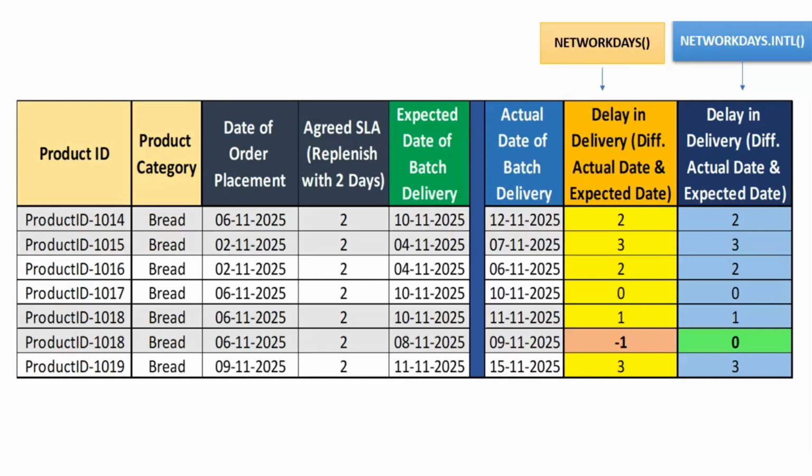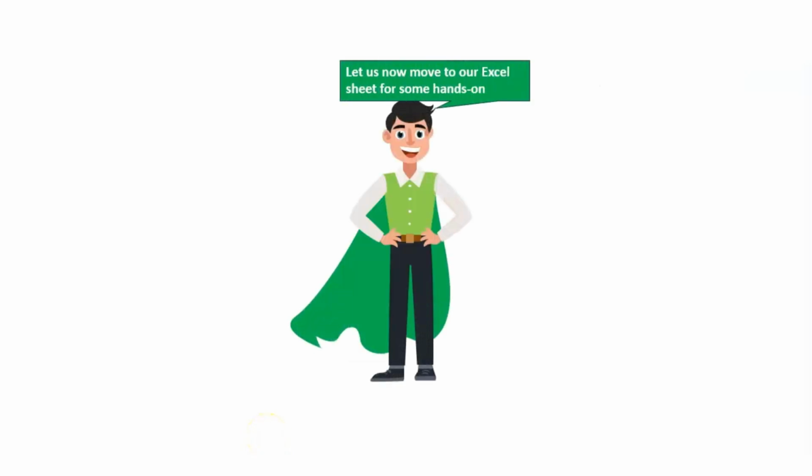In this session, we have one additional parameter available with us, that is the actual date of batch delivery. We will use this data to understand the delay in delivery using the NETWORKDAYS function and the NETWORKDAYS.INTL function. Let us now move to our Excel sheet for some hands-on.